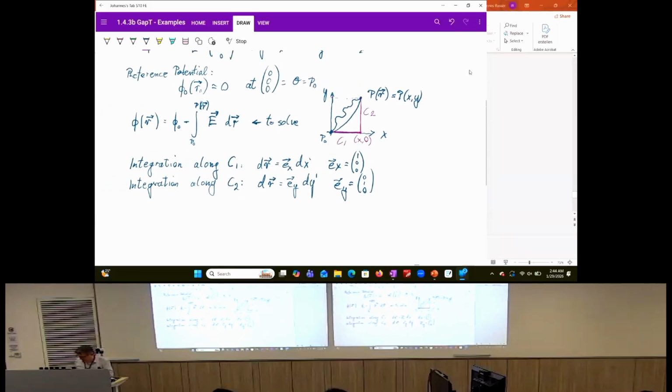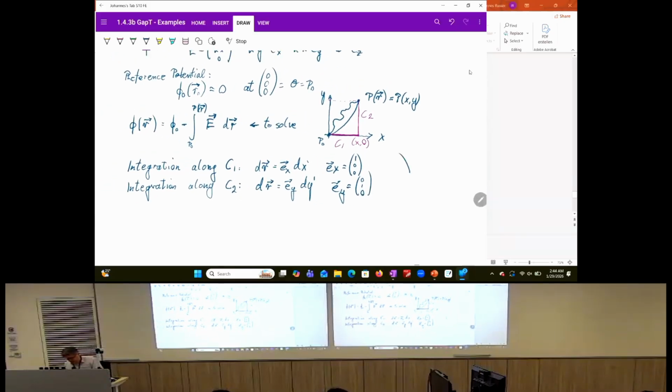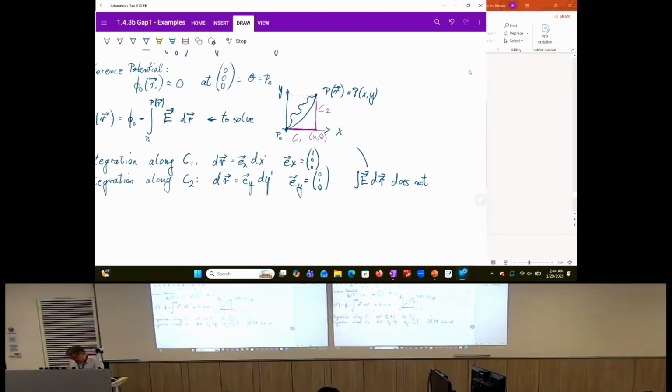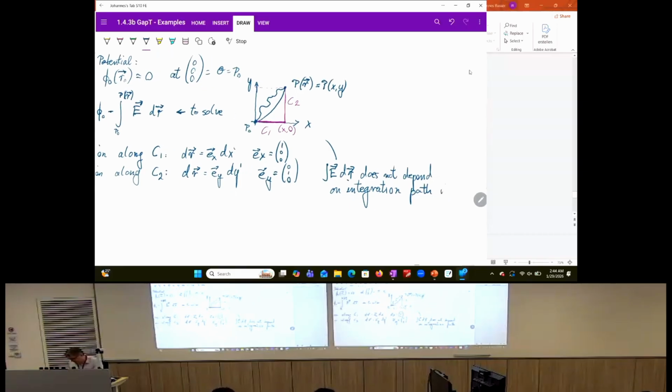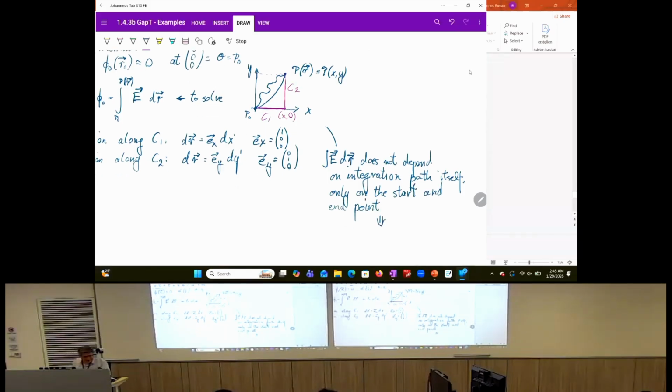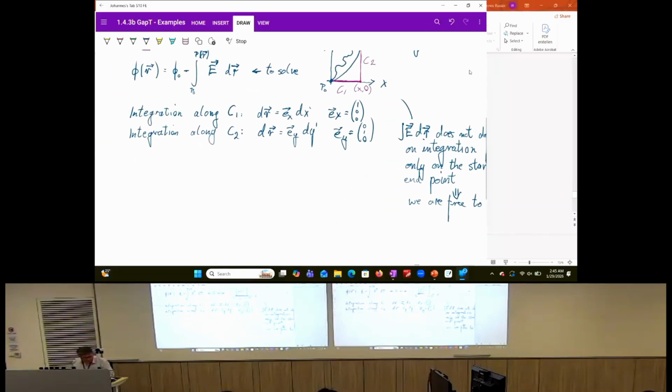Maybe I want to add the comment here that the integral over the electric field does not depend on the integration path itself, it only depends on the start and end point, a property of the conservative field. And that means we are free to choose this path. Okay, let's get back to our integration.